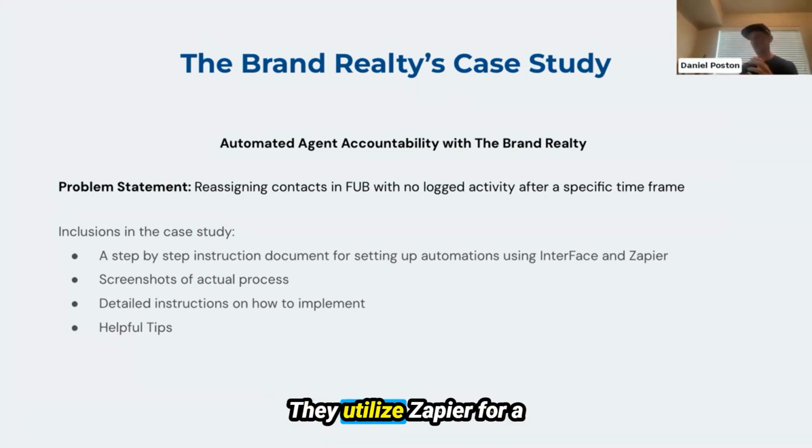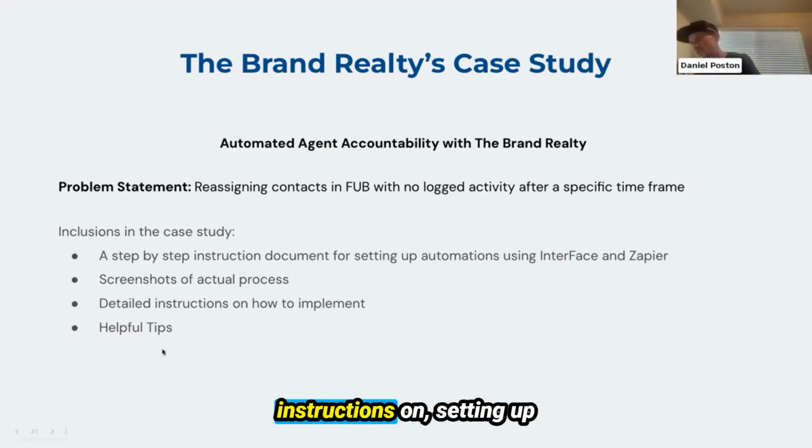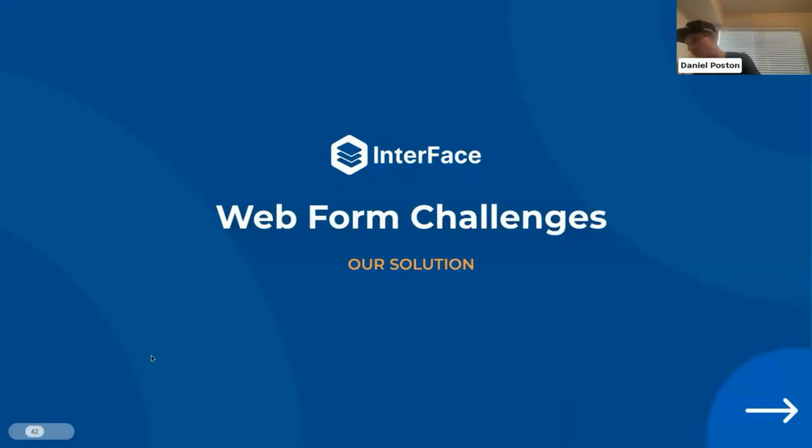They utilize Zapier for a piece of this automation. So we're going to have the exact setup instructions for Zapier. How you could also set it up in Follow Boss. Follow Boss has some limitations that Zapier doesn't have, but we'll have step-by-step instructions on how you can set up similar automation in Follow Boss and detailed instructions on setting up automated agent accountability.